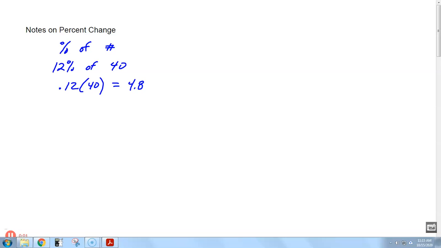And discount. So the general setup for all of these is you have some sort of number, and we're going to call this the original number, our beginning point. And then we have some sort of change to it, which could be an increase or a decrease.